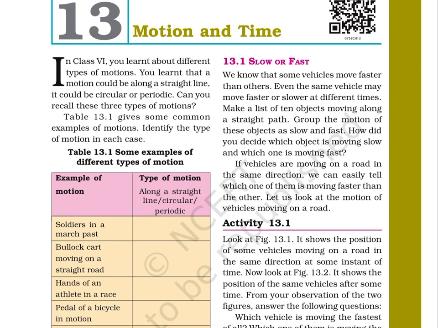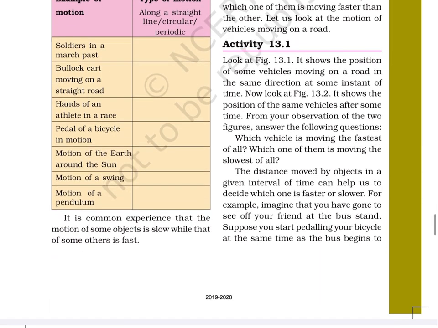If vehicles are moving on a road in the same direction, we can easily tell which one of them is moving faster than the other. Let us observe the motion of vehicles moving on a road. Activity 13.1. Observe figure 13.1. It tells the position of some vehicles moving on a road in the same direction at some instant of time.